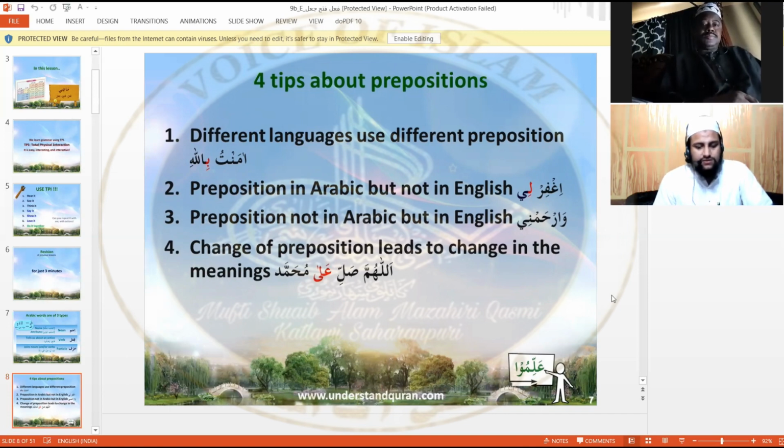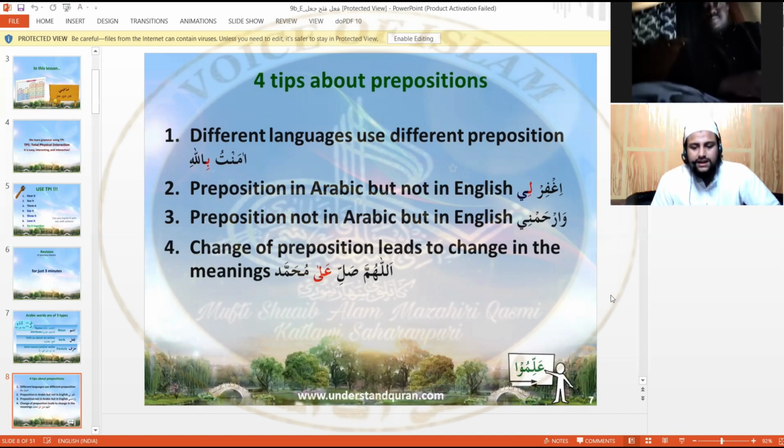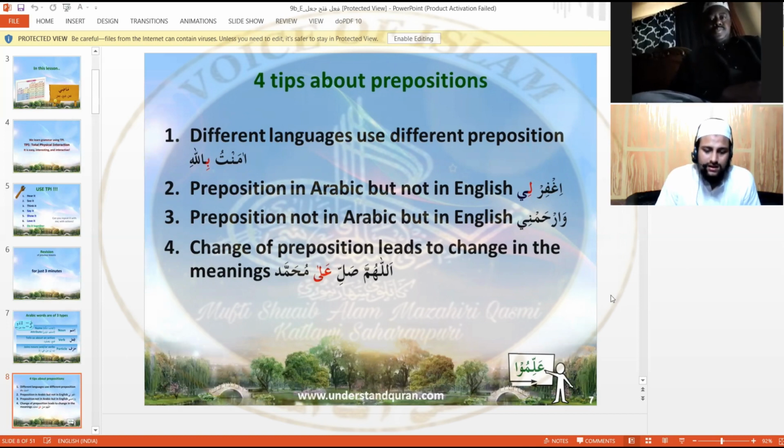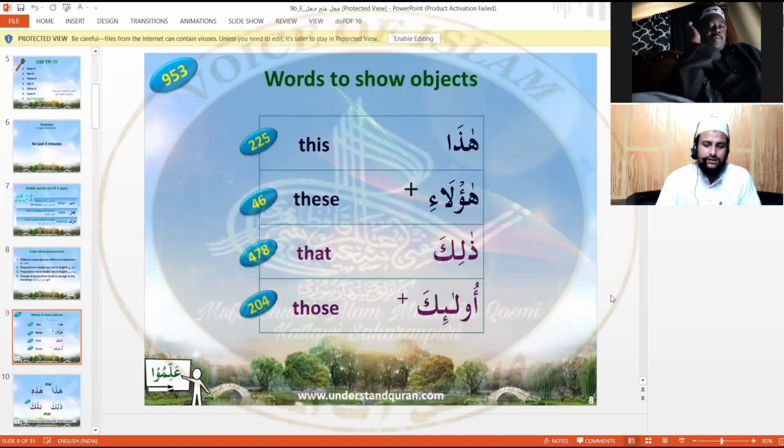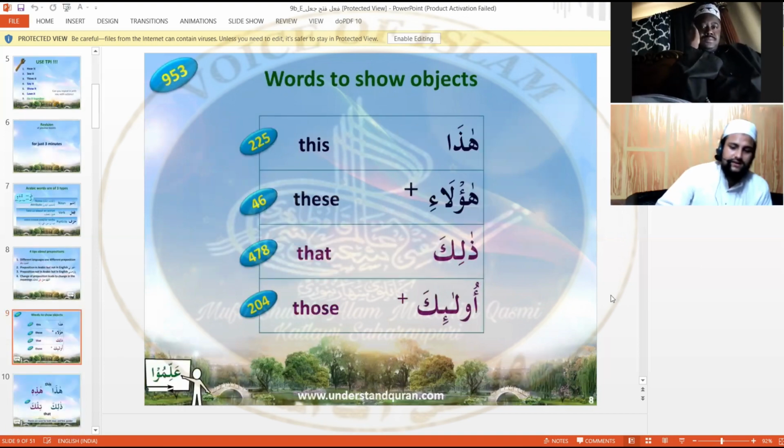Four, a change of preposition leads to a change in the meaning. Allahumma salli ala Muhammad, oh Allah, send peace to Muhammad, on the Prophet. And if we say salli li rabbik, it means offer salah for your Rabb. So the meanings are just different.